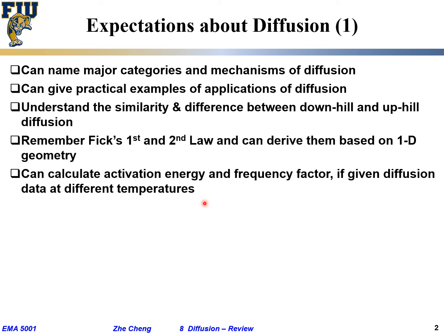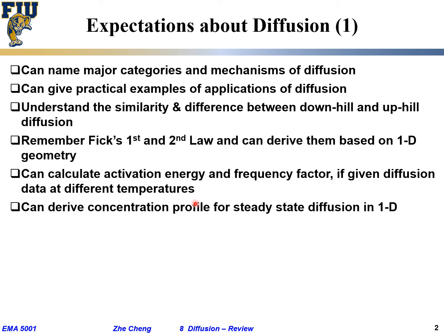And for simple models such as interstitial diffusion in a simple crystal structure, we can have a very simple understanding of where the diffusion coefficient comes from. Okay. And I also expect the students to be able to derive the concentration profile for steady state diffusion in one dimension.